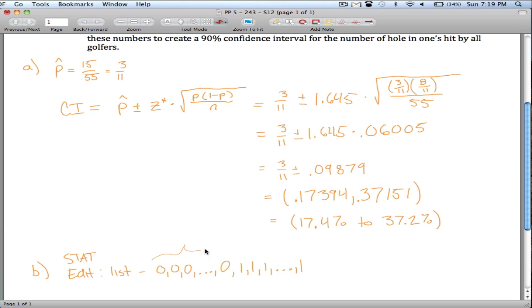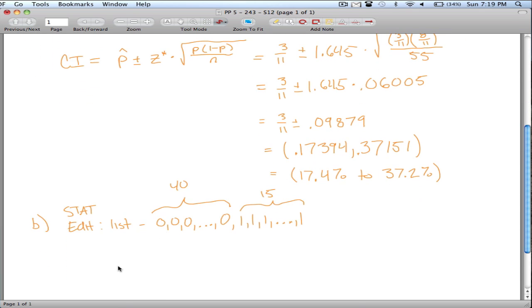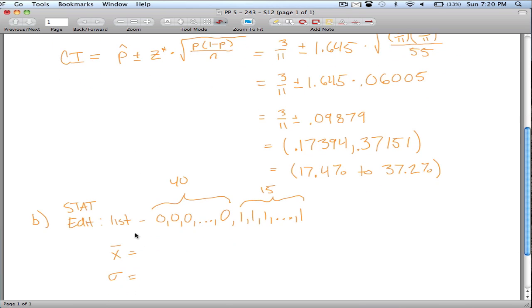You got 40 of these guys, and you got 15 of these guys. Then go stat, calc, one variable statistics, and tell it what list you put your information in, and you'll get x bar is 0.2727.